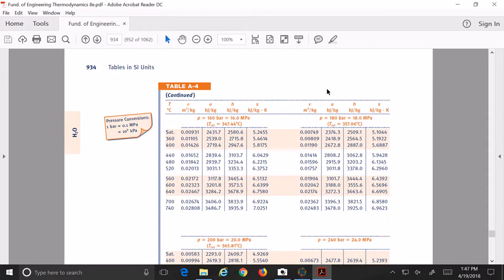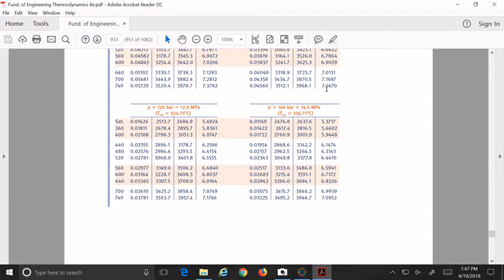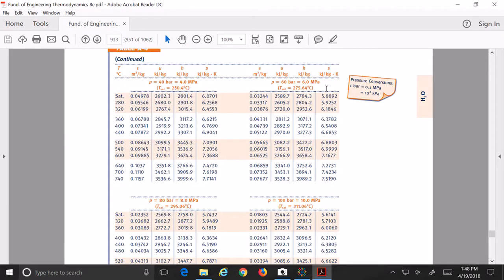So A5, A4, let's see, 6 megapascals, 600, 3,658.4.